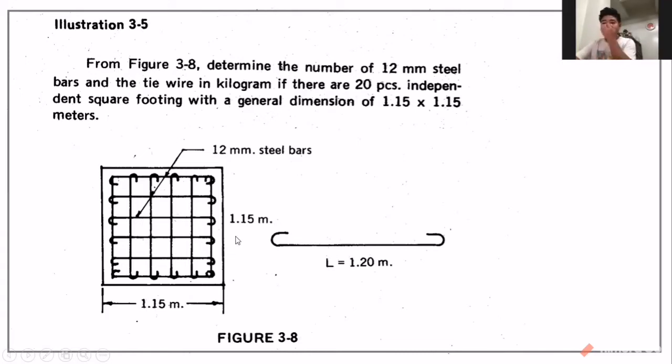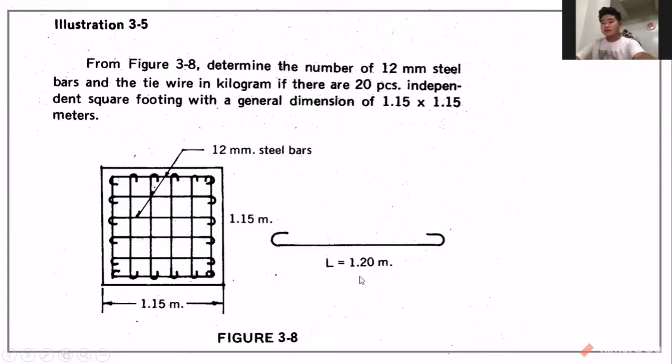So this is our illustration, figure 3 to 8. These are our steel bars, and this is the dimension of our, I think it's column. Yeah, I think so. It's footing.